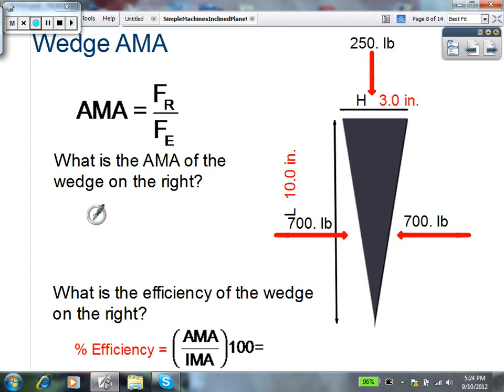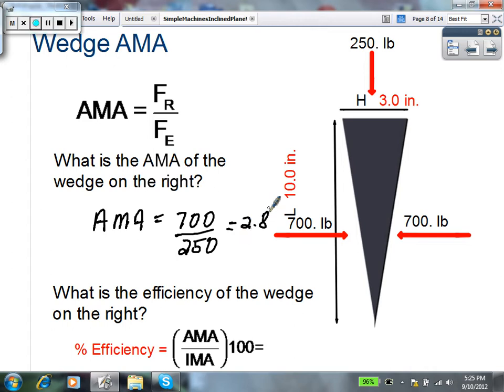So let's go ahead and calculate this mechanical advantage. The actual mechanical advantage is going to be 700 pounds, that's our resistance force, divided by 250 pounds, that is our effort force, and that comes out to be about 2.8.